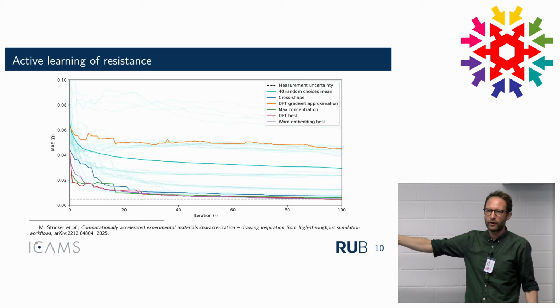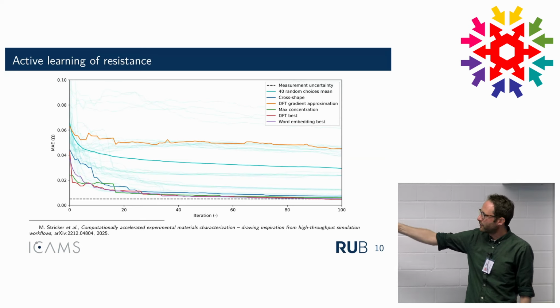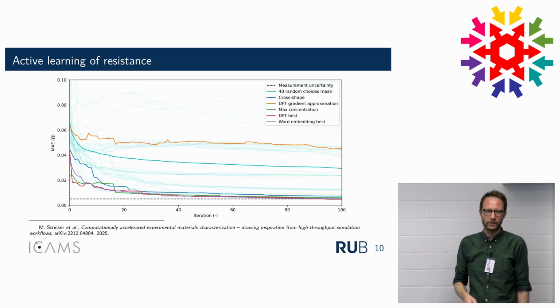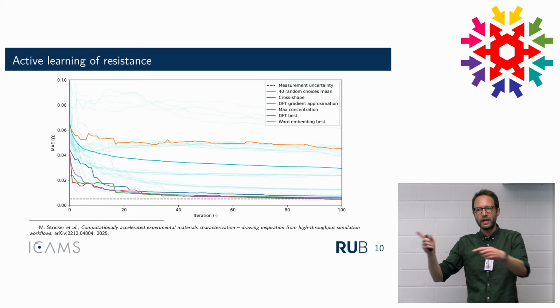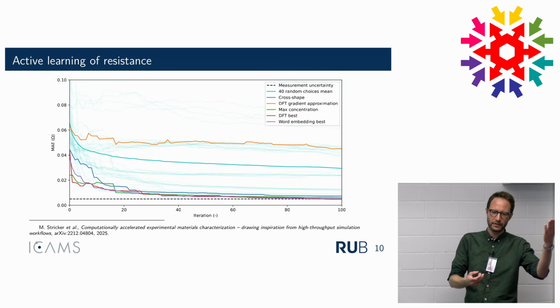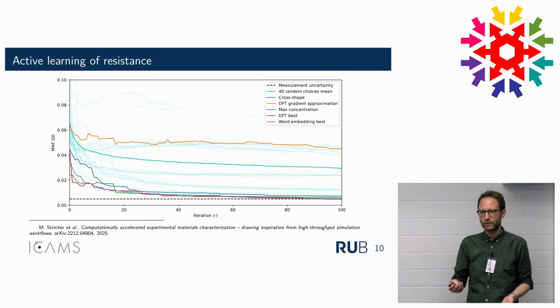So the model doesn't learn fast. It's a Gaussian process, by the way. But if we use other strategies for initialization from DFT or word embedding, you can see a very fast convergence to the actual measurement uncertainty. So after roughly 60, 70, maybe 80, depending on what your limit is for acceptance, instead of 342, you have a good idea how this sample's composition property relationship is.